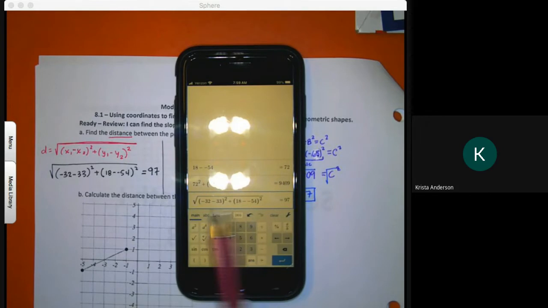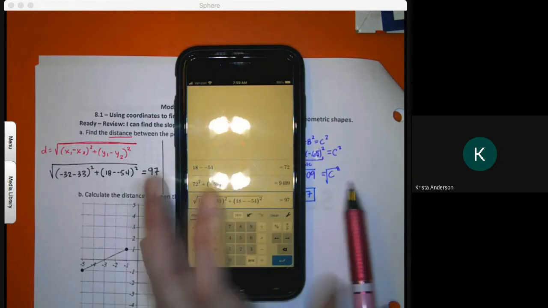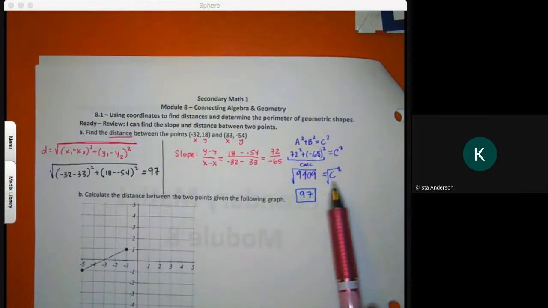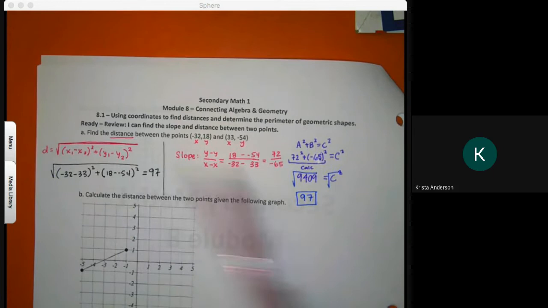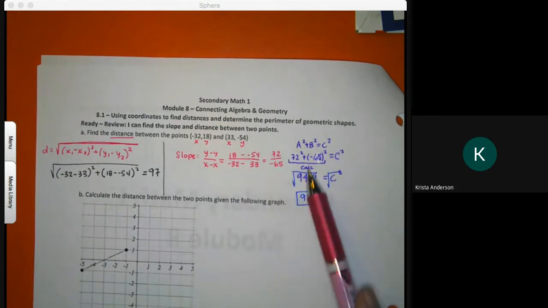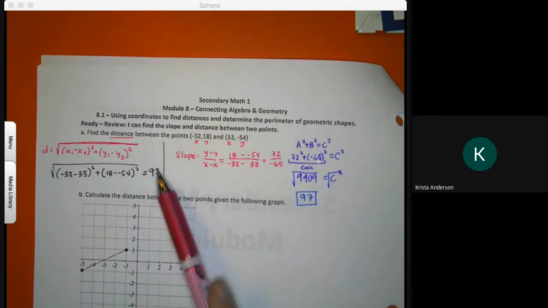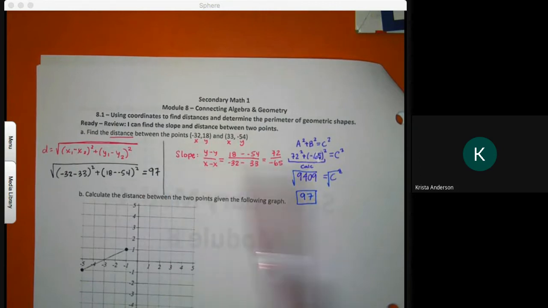These two pieces came from the slope. The squared is from the a squared plus b squared. And the square root is what came from getting the c alone. This is doing every step in one. This is working through the process.